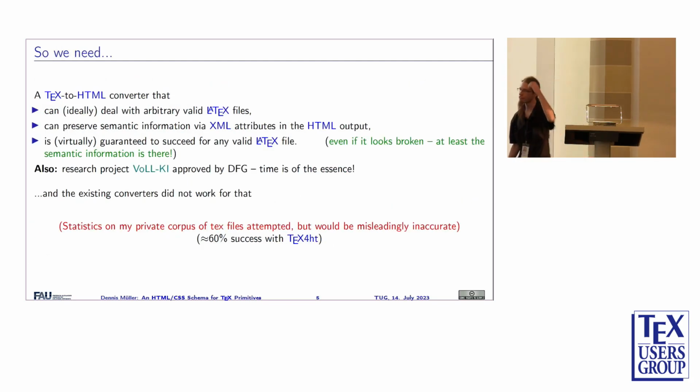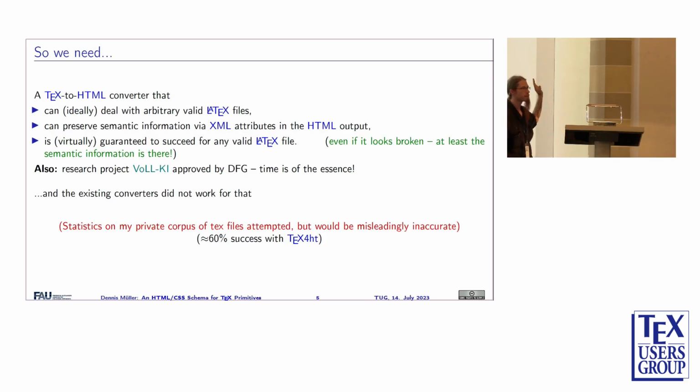That means we need a TeX-to-HTML converter that ideally can deal with arbitrary LaTeX, where by deal I mean it should yield HTML that looks reasonably similar to what you would expect. It needs to be able to preserve the semantic information that we compute basically in the STEC package, and that should survive the conversion to HTML process.